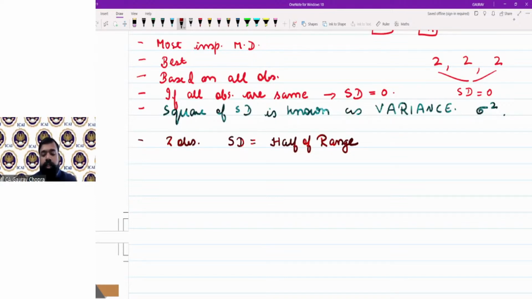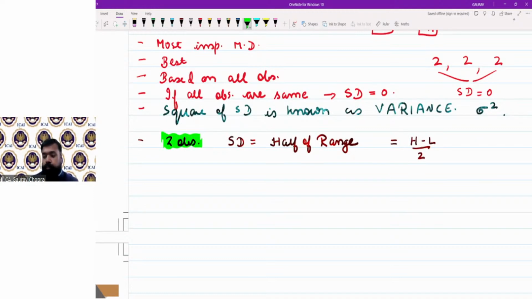What is range? It is highest value minus lowest value. And since we are taking half, we have to divide by 2. So H minus L upon 2 is the formula for standard deviation. But this is applicable only in case of two observations and not more than that.